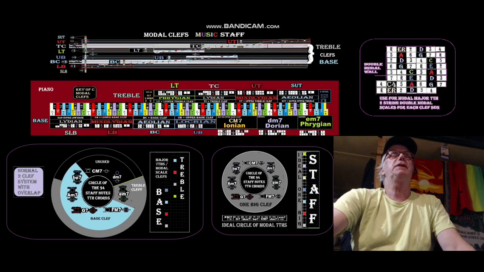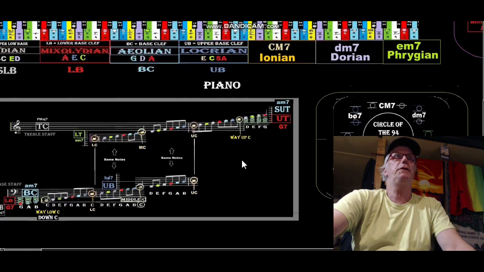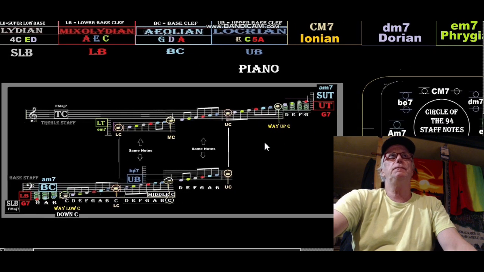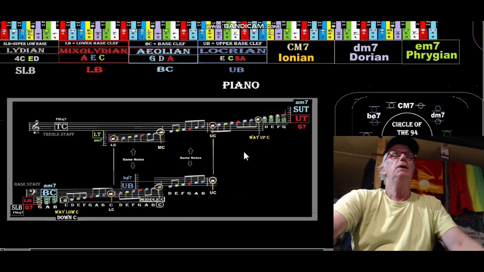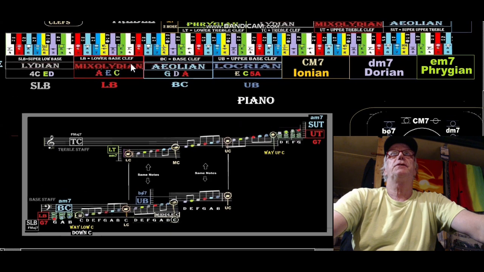Okay, we're taking things to the extremes. Going back to this wonderful diagram here, I actually colored in the notes. So these are the same colors. These colors that you see up here are these colors down here.